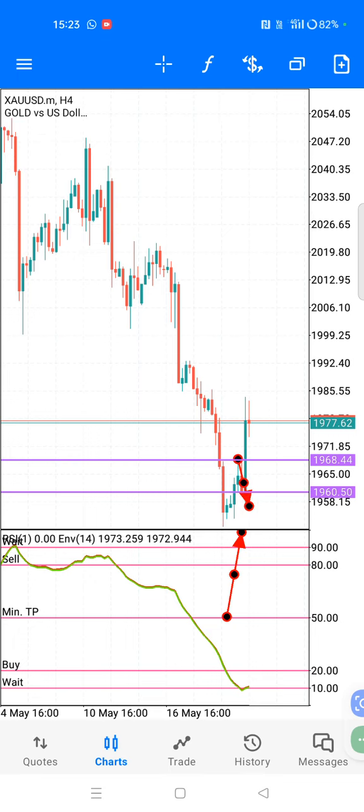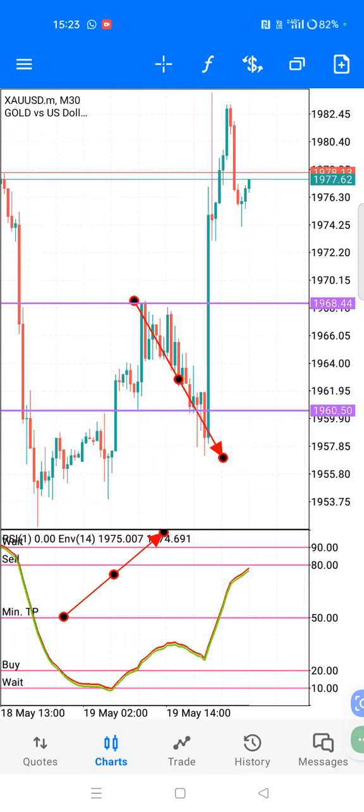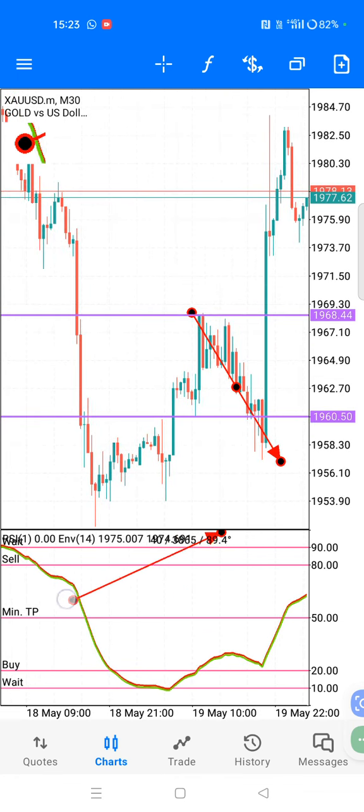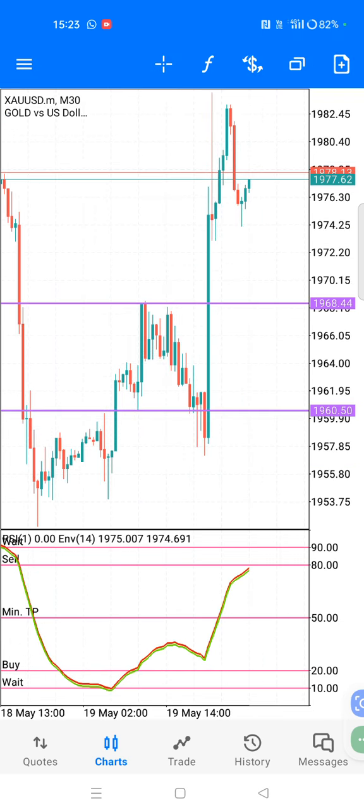But then when you look at M30, it went back down, but then it goes up. Okay, guys, so for now I'll be showing how to use the strategy, where you want to put your stop loss.